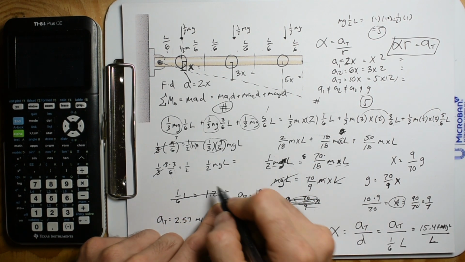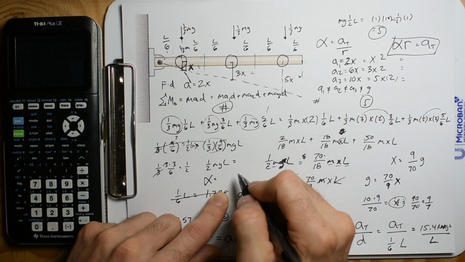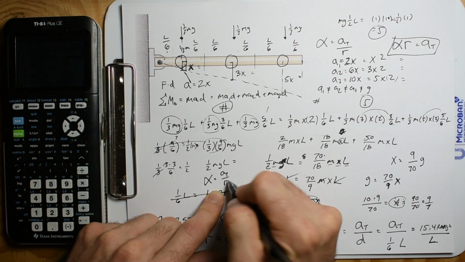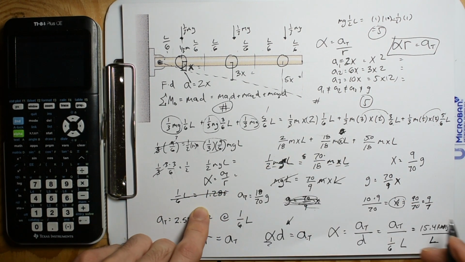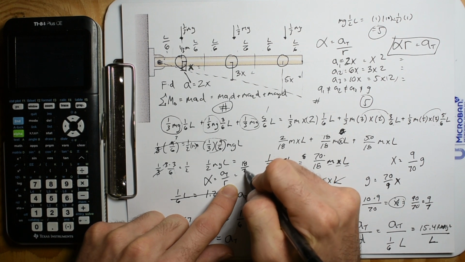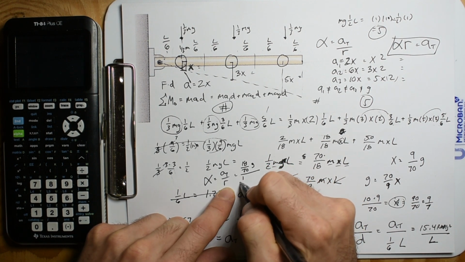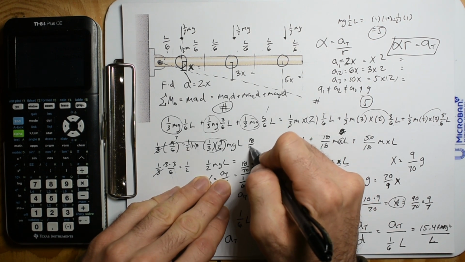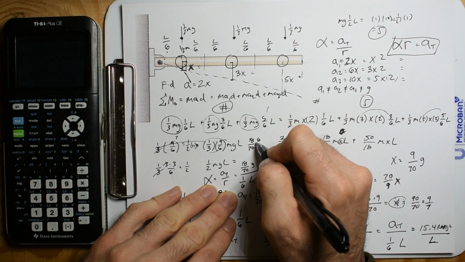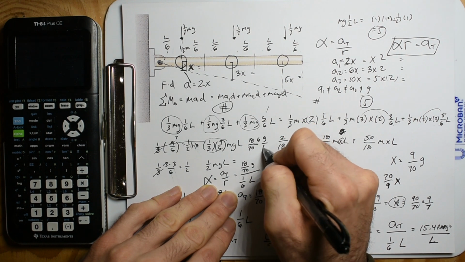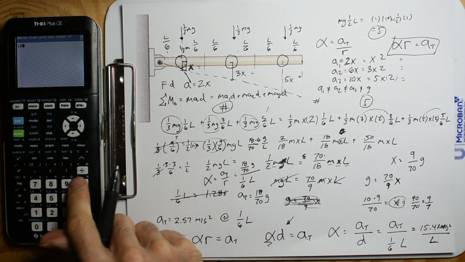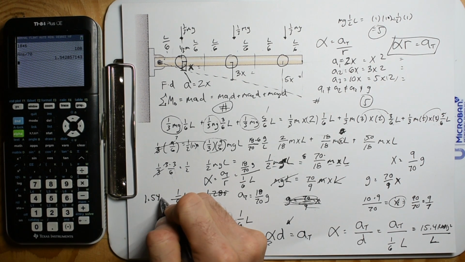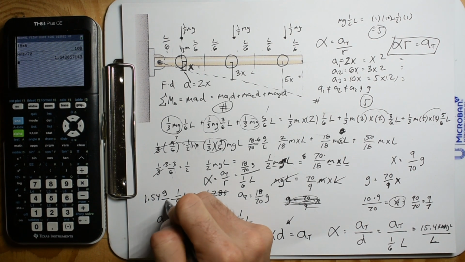Then our angular acceleration is this divided by the radius, that distance: 18/70 g divided by 1/6 L. So now we have 18 times 6 divided by 70 times g divided by L, and we get 1.54 g divided by L.